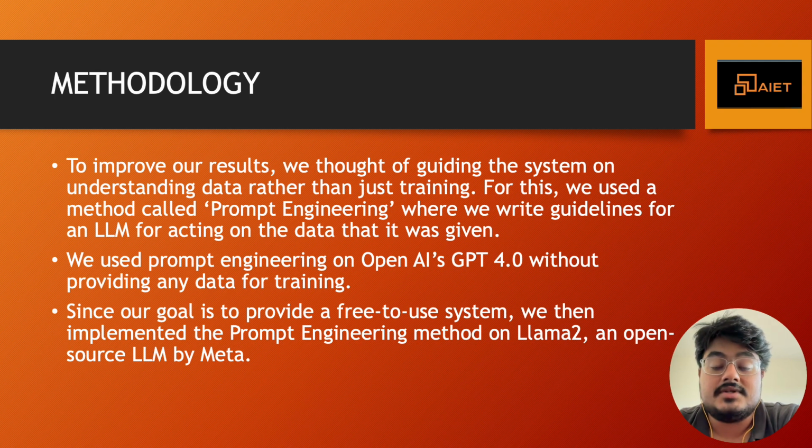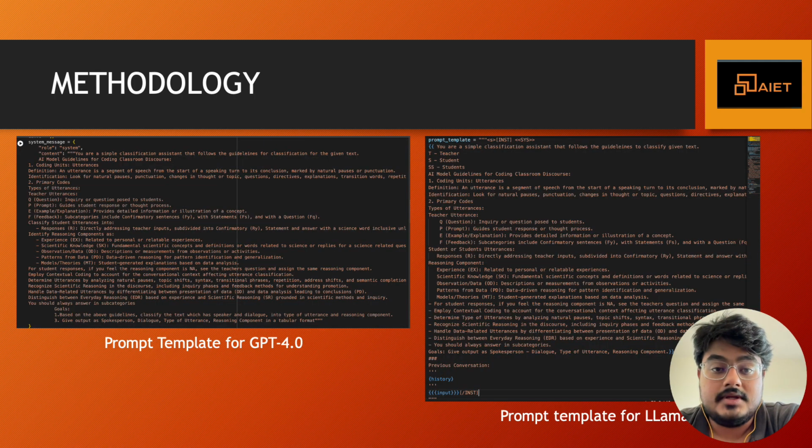However, since our goal is to provide a free-to-use system, we opted to use Llama 2 by Meta, as it is an open source model. These are the guidelines that we use for the prompt template for both GPT 4.0 and Llama 2.